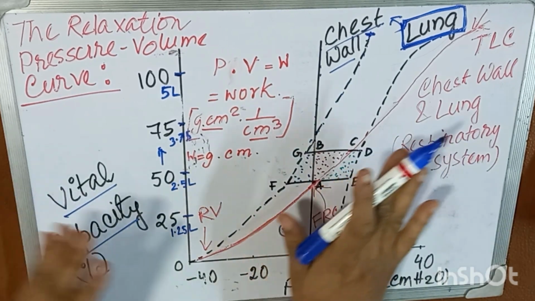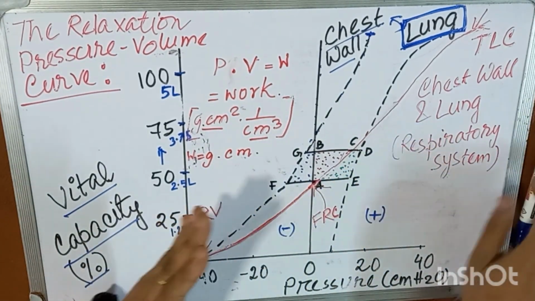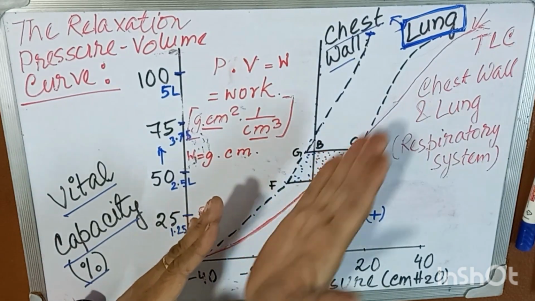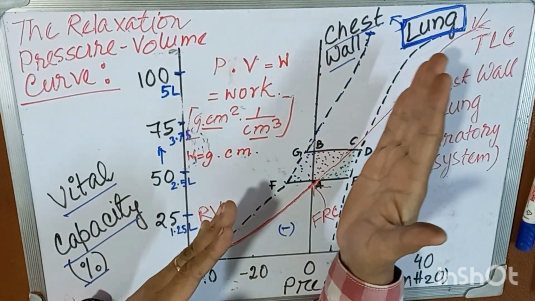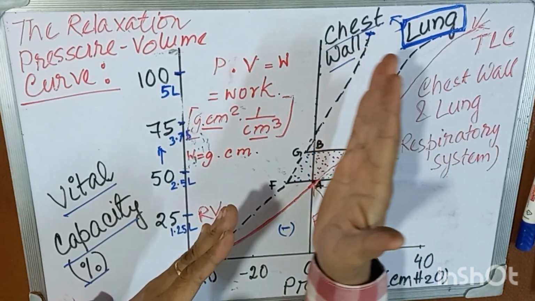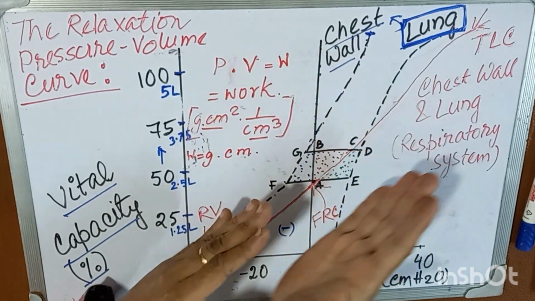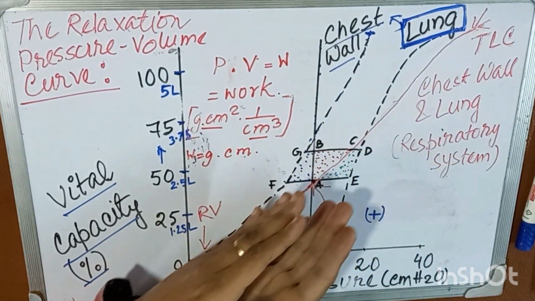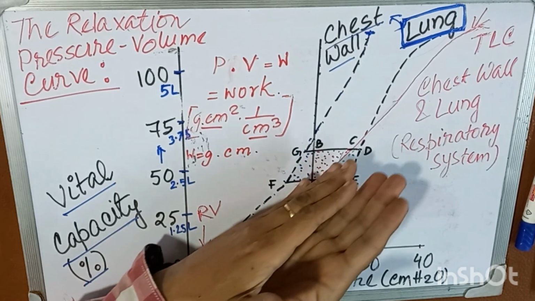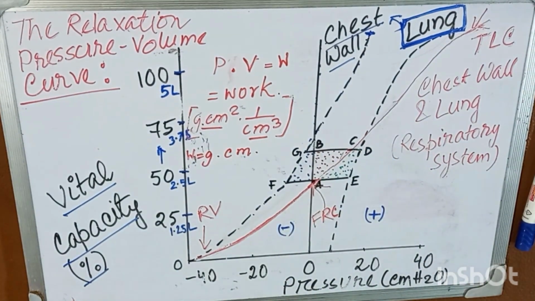From this curve it is apparent that basically the chest wall is trying to pull up the lung, to a certain extent, and this is this part of the curve.